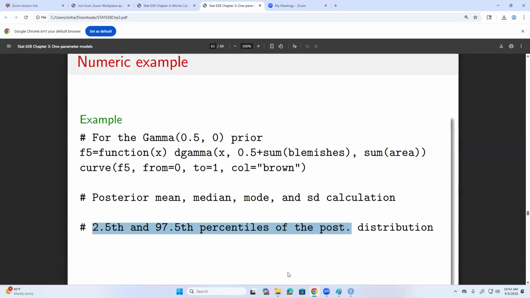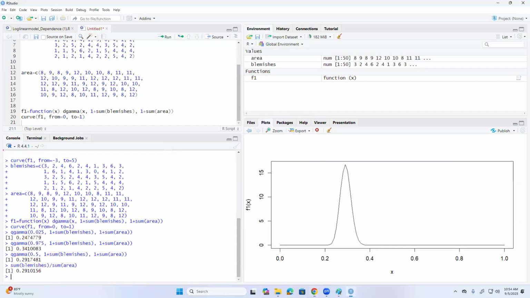But the beautiful thing is, you can have this credible interval and a nice interpretation of the credible interval. You can say theta lies between 0.25 and 0.34 with probability 0.95, posterior probability.